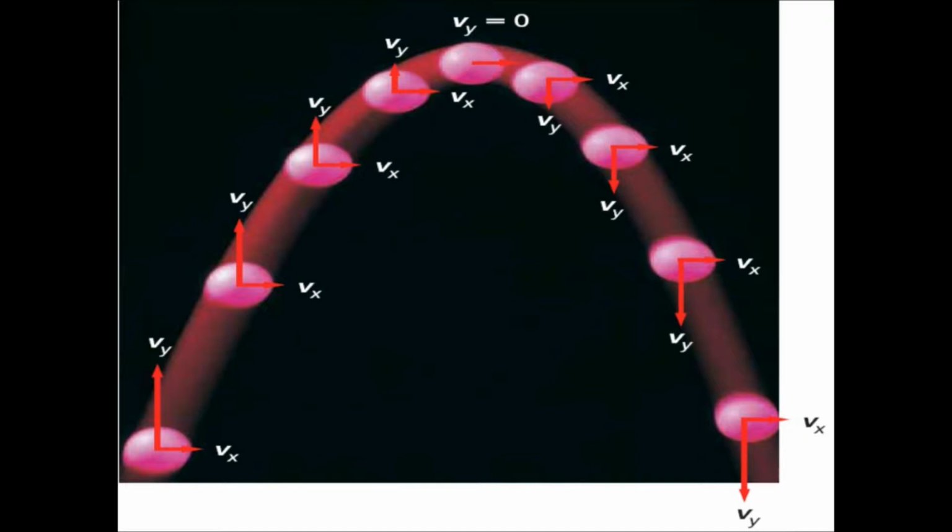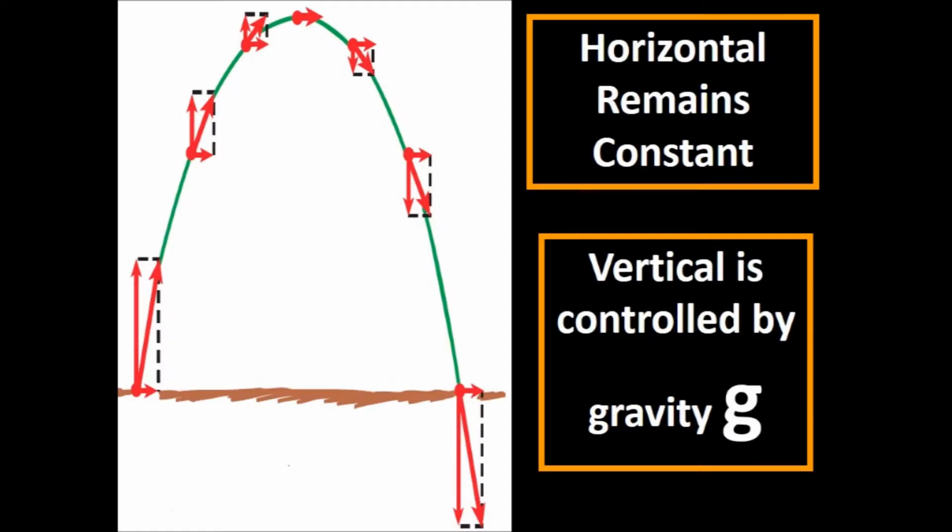So both velocities act independently of one another, but together they create this parabolic shape.